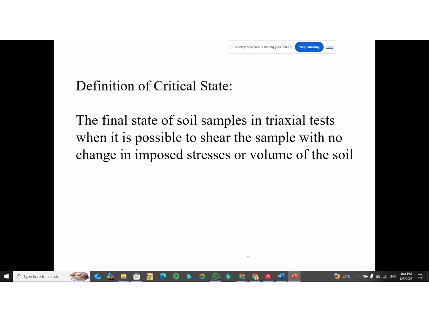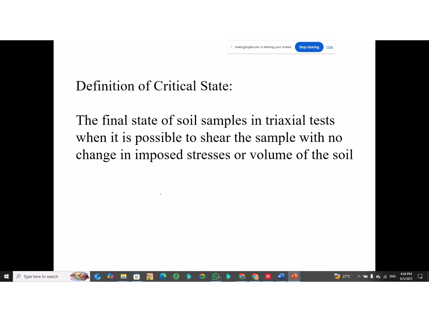Then definition of critical state, I think we already talked about this. The final state of soil samples in a triaxial test, when it is possible to shear the sample with no change in stresses or volume of the soil. So please note this is important.